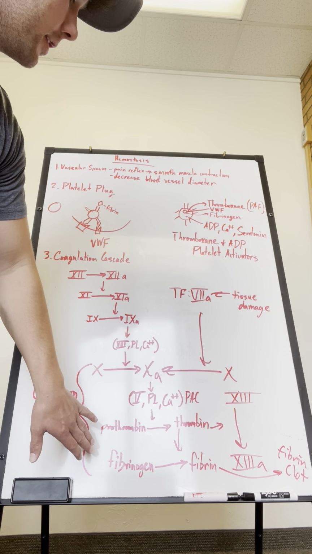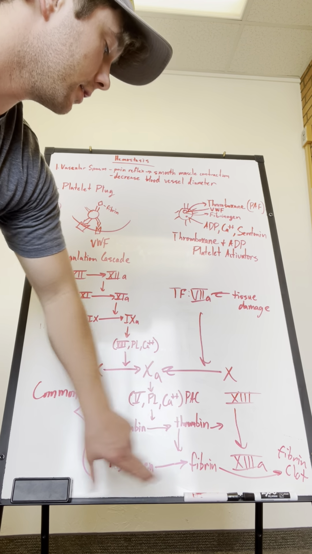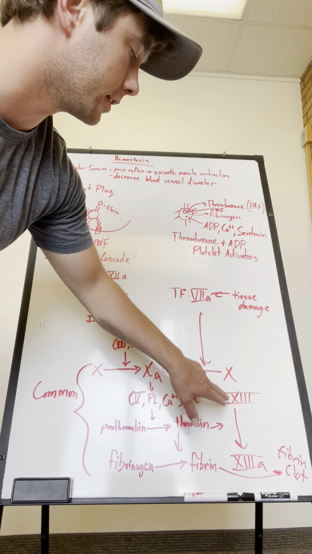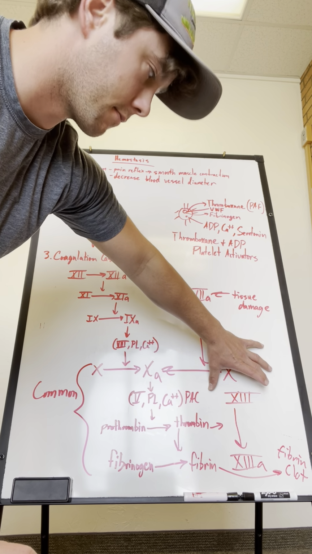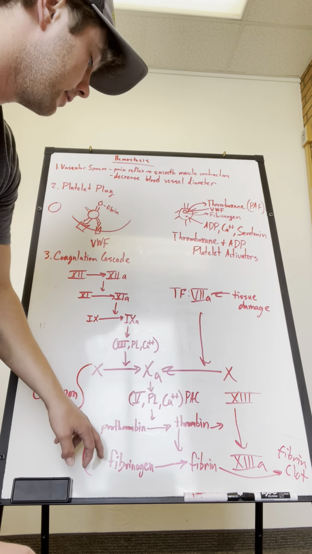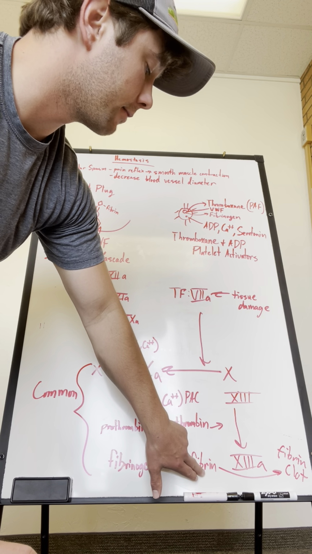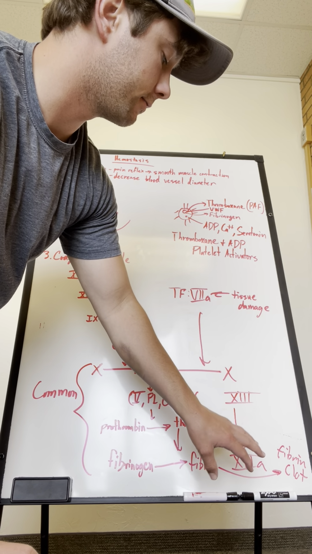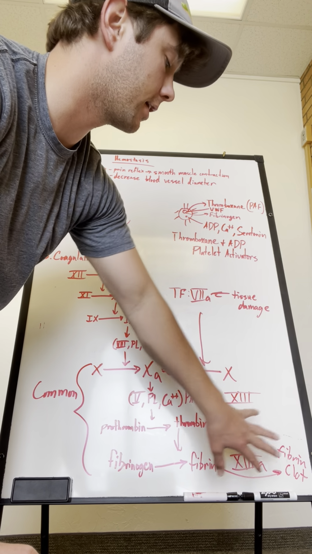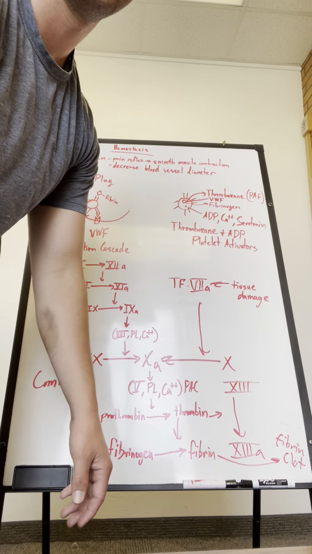Once prothrombin is activated, it will turn into thrombin. Thrombin will activate factor number 13. Thrombin also activates fibrinogen, turning it into fibrin. Fibrin and activated factor 13 will now form a fibrin clot. And those are your steps for hemostasis.